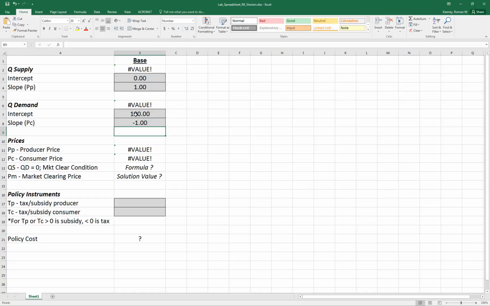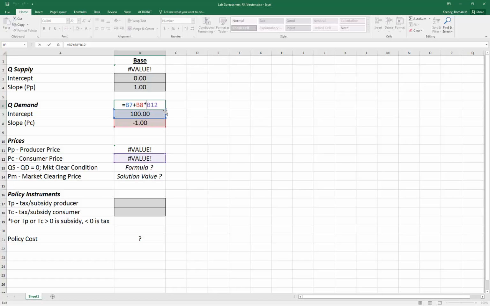Okay, so this is not always the case. But in this class it is, or any class I teach, I always put the supply function and the demand function in the same format, B7 plus B8. Right, so this says add the slope times the price.